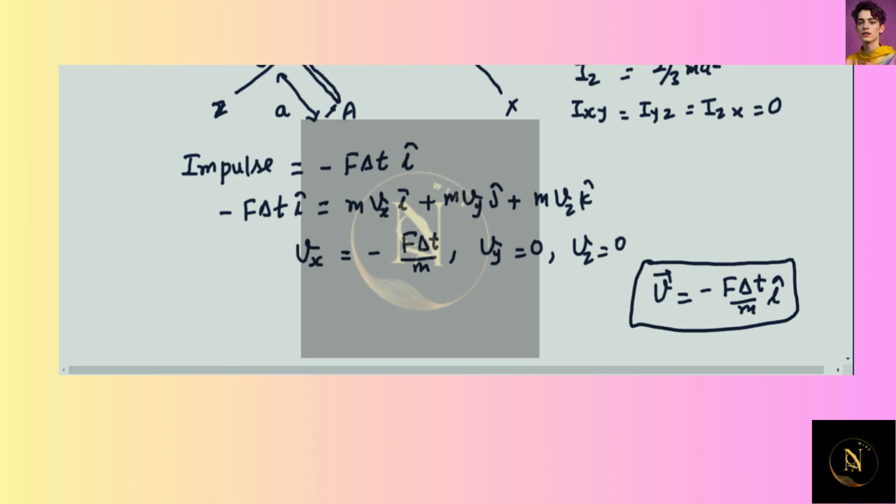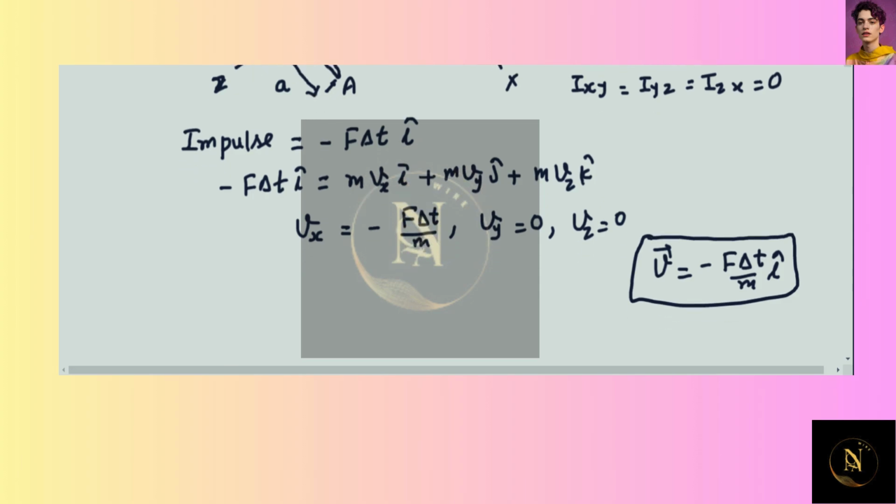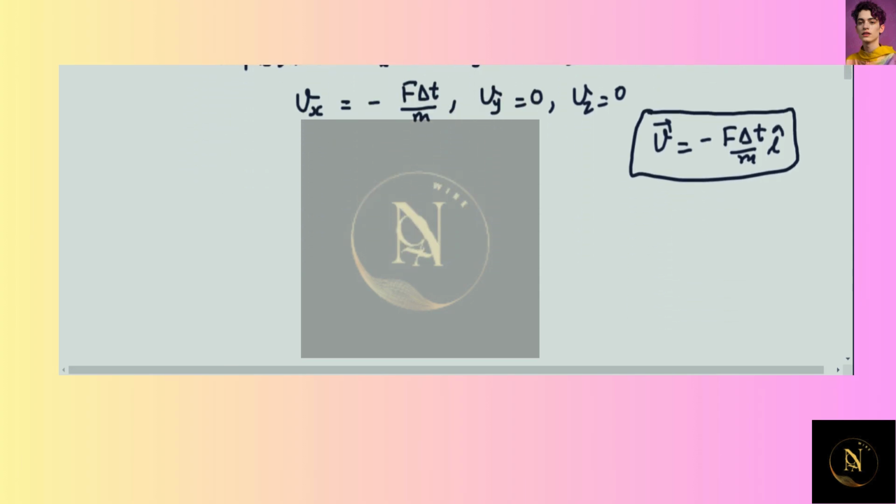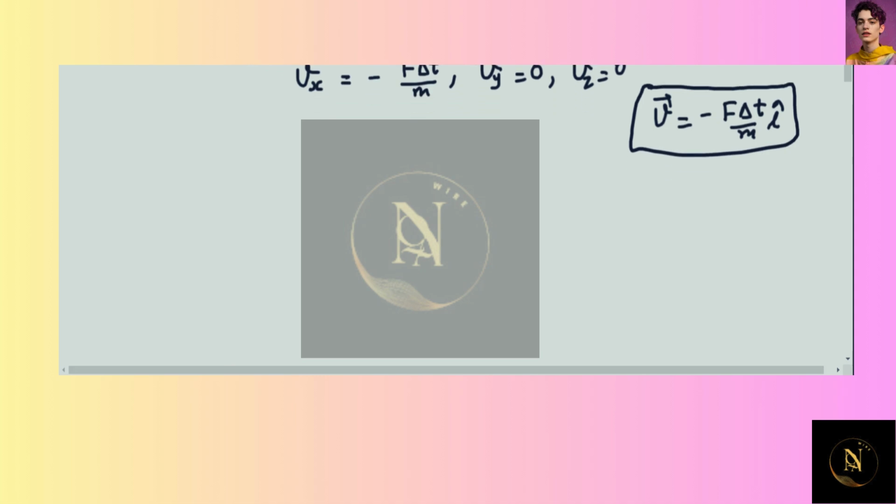Now we will solve for B. Moment of momentum: the moment of impulse is equal to the angular momentum. So this concept we have to apply about the centroid. So you will write aj minus ak cross the impulse; r cross p is the angular momentum, and the change in momentum is the impulse.